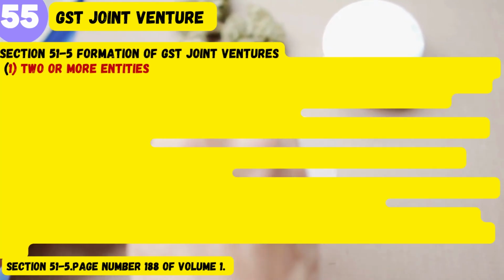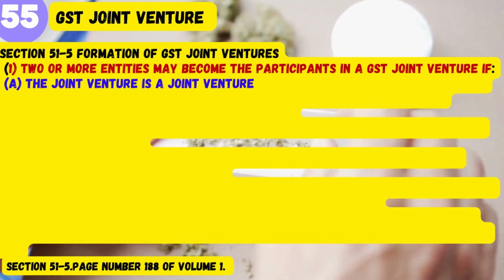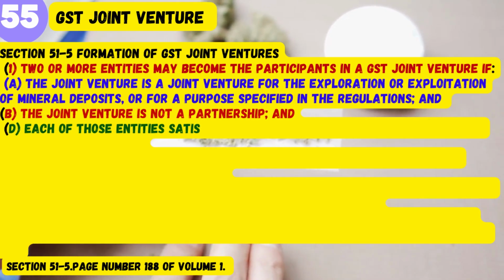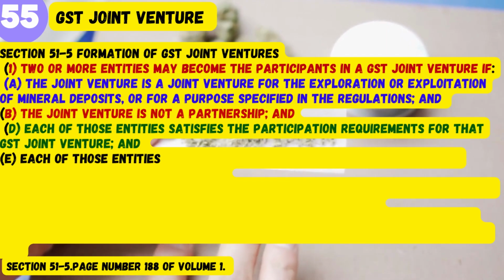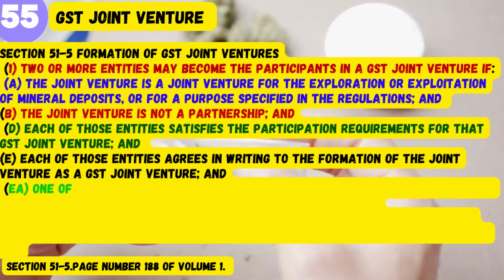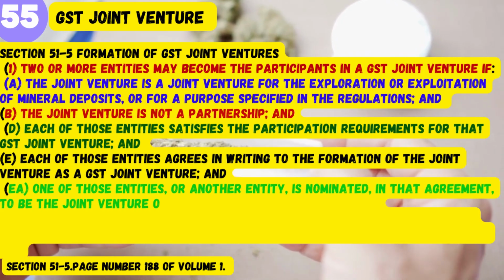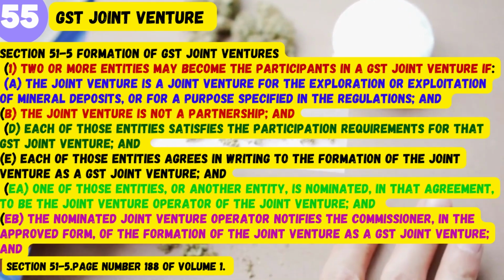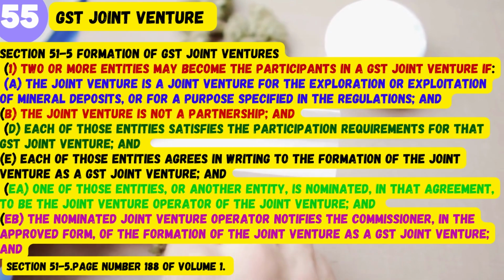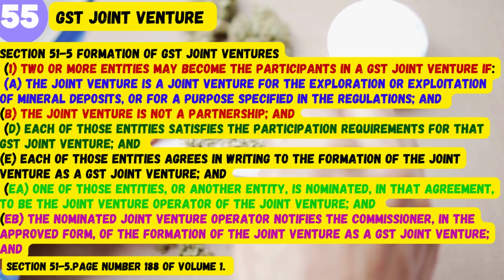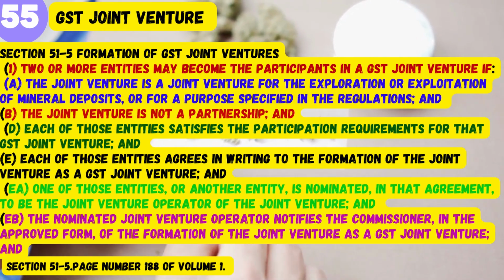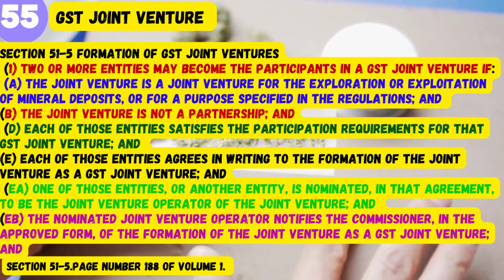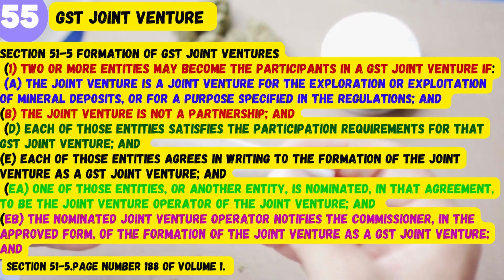Section 51-5 Formation of GST joint ventures. 1. 2 or more entities may become the participants in a GST joint venture if A. The joint venture is a joint venture for the exploration or exploitation of mineral deposits, or for a purpose specified in the regulations, and B. The joint venture is not a partnership, and D. Each of those entities satisfies the participation requirements for that GST joint venture, and E. Each of those entities agrees in writing to the formation of the joint venture as a GST joint venture, and E. One of those entities, or another entity, is nominated, in that agreement, to be the joint venture operator of the joint venture, and E.B.